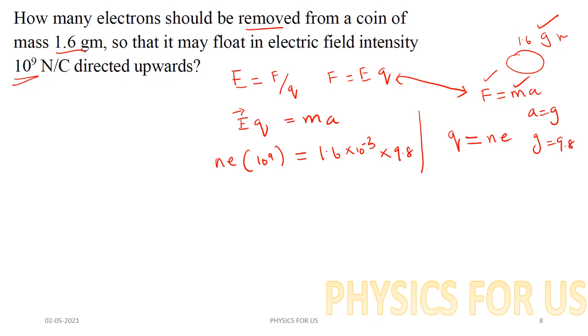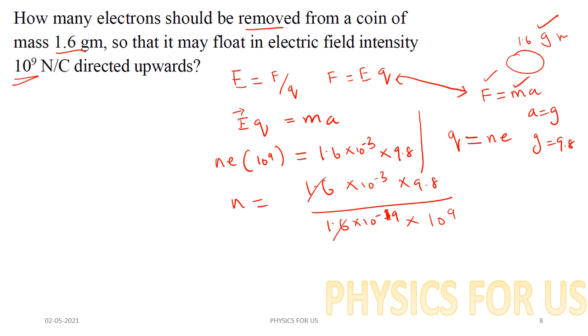So N is equal to 1.6 into 10 power minus 3 into 9.8 divided by 1.6 into 10 power minus 19 coulomb, which is the charge of an electron, into 10 power 9, and this will cancel this one.